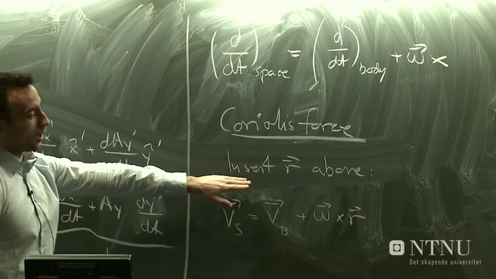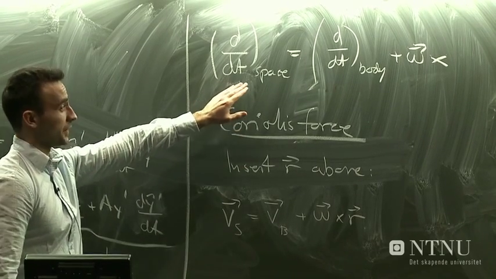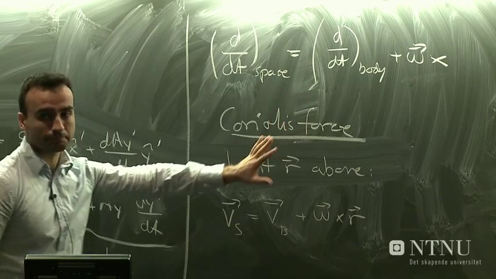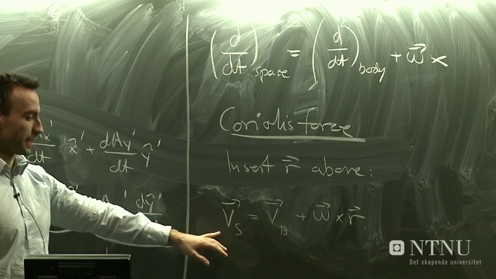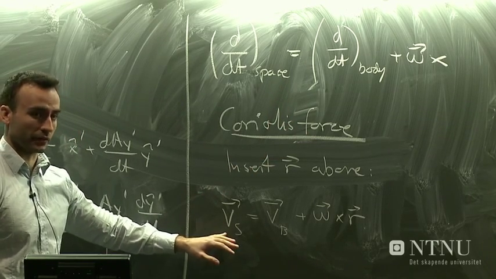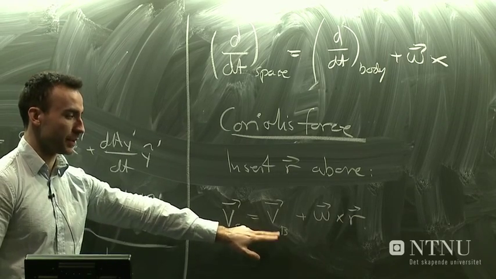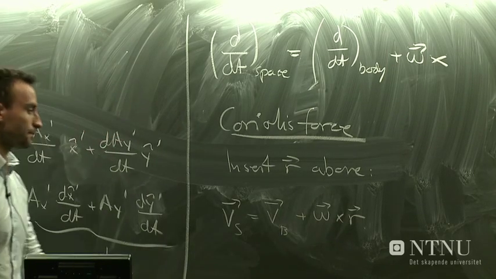So if you insert r, the position vector, in this operator relation, you get that the velocity as seen in the fixed system is equal to the velocity as seen in the body system plus this extra term.